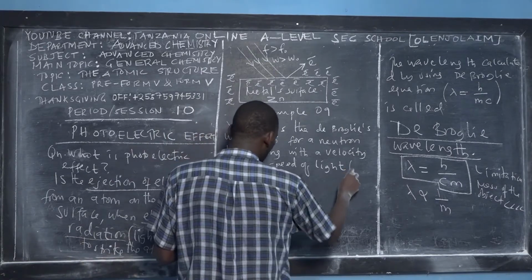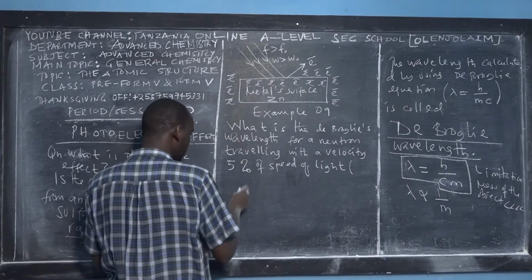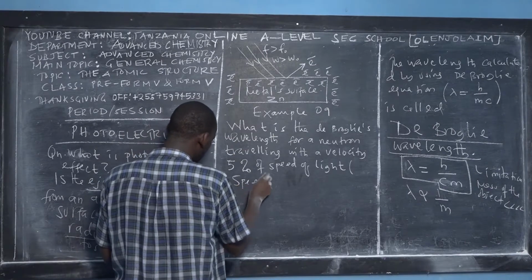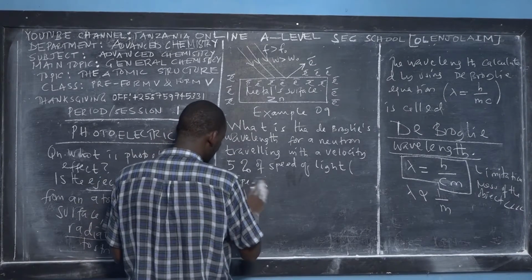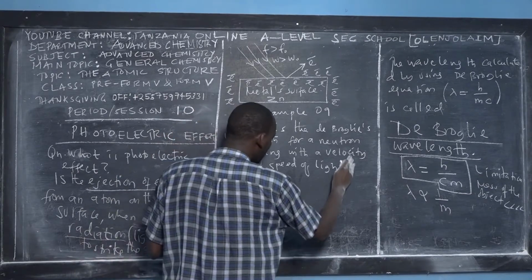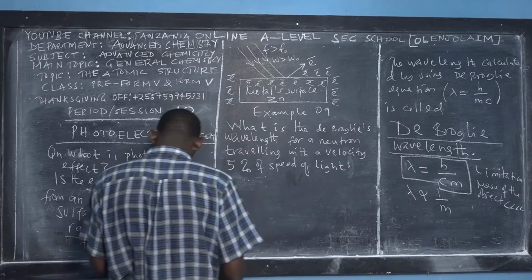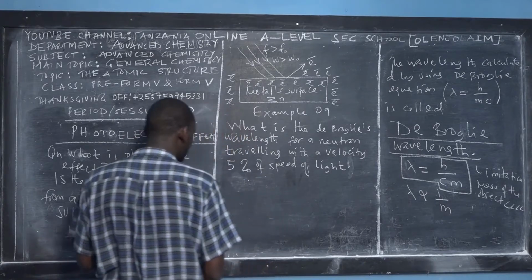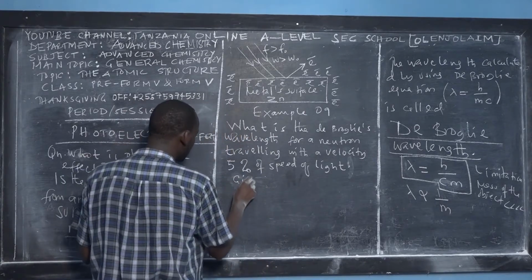The speed of light is given, these are the constants that have been given, and the velocity is 5% of the speed of light. Very important concept.